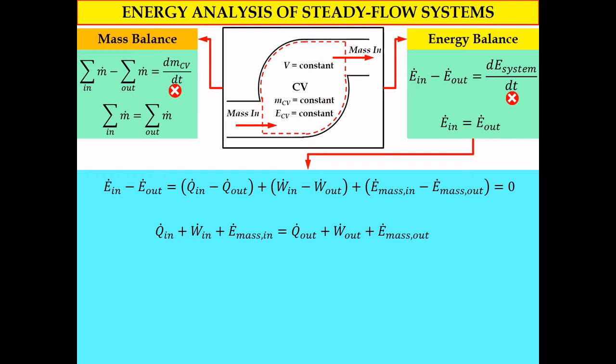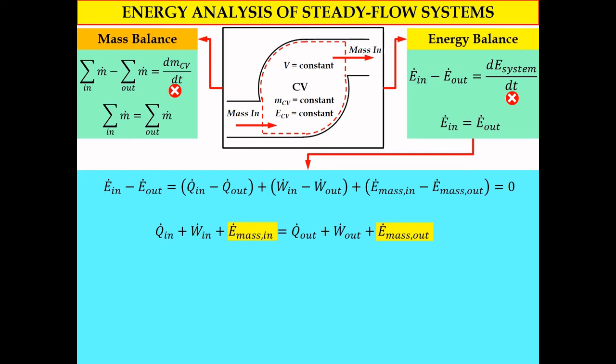So we just rearrange the equation, and we get Q dot in plus W dot in plus E dot mass in equal to Q dot out plus W dot out plus E dot mass out, for the general energy balance equation for the steady flow process for the open system.